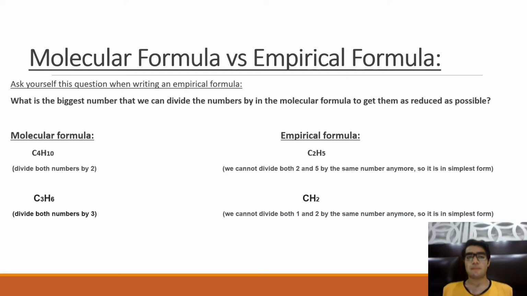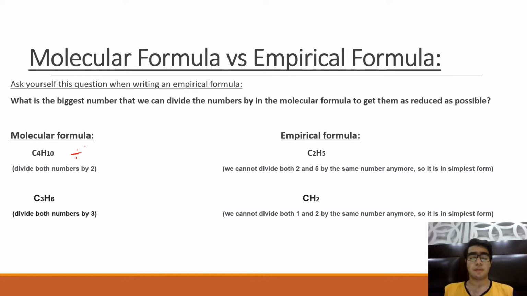What's the biggest number we can divide the numbers by in the molecular formula to get them as reduced as possible? By reduced I mean simplified, as much as possible. So we have the molecular formula C4H10. What's the highest factor of 4 and 10? You divide them by 2.